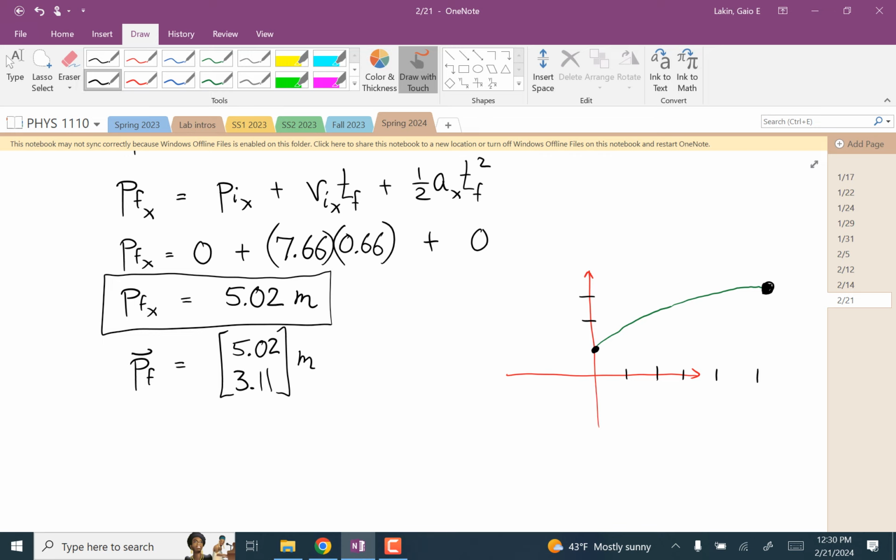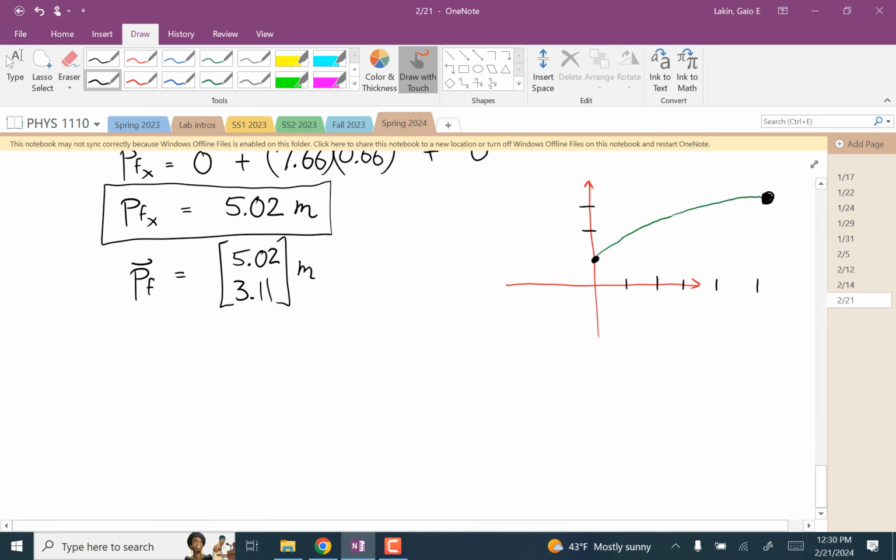And then what about the displacement? We've done all the hard work. The definition of the displacement vector is just the final position minus the initial position, the later position minus the earlier position. So this is just 5.02, 3.11 minus 0, 1.